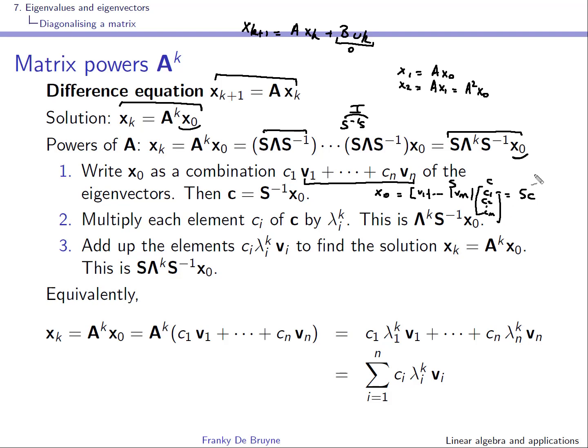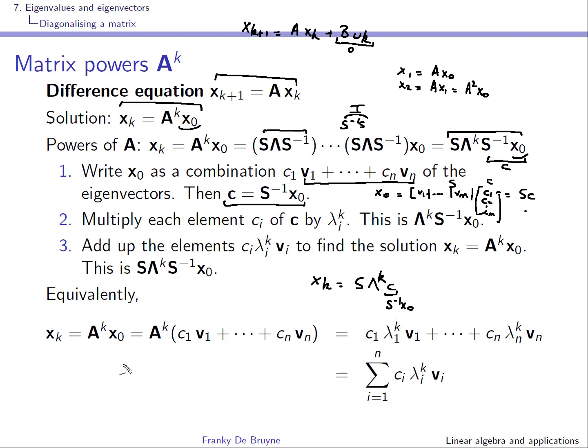If you plug that into this equation here, you know that of course c, that's written over here, is S minus 1 x0. So this is c over here. So xk is equal to S lambda k times c, where c is S minus 1 x0.